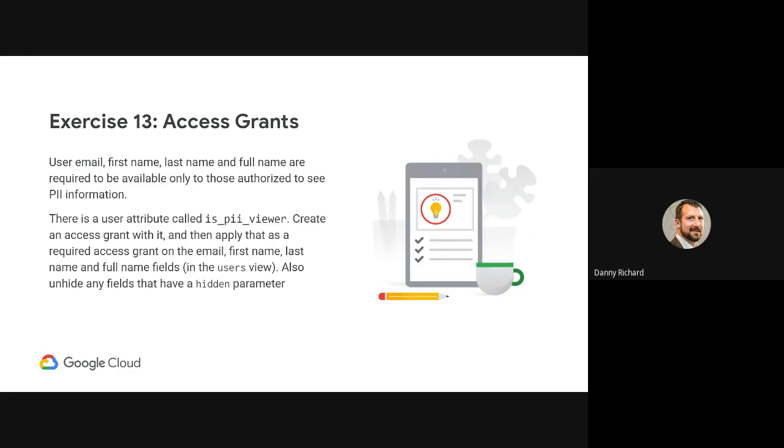So we need to apply an access grant to the user email, first name, last name, and full name. There's a user attribute called isPII_viewer. We're going to create an access grant with it and then apply that as a required access grant on the email, first name, last name, and full name fields.